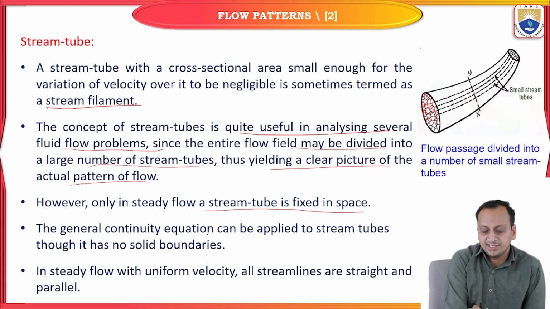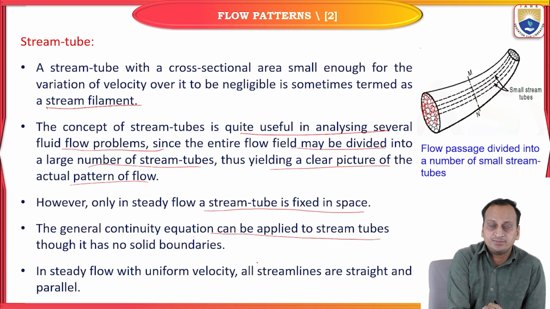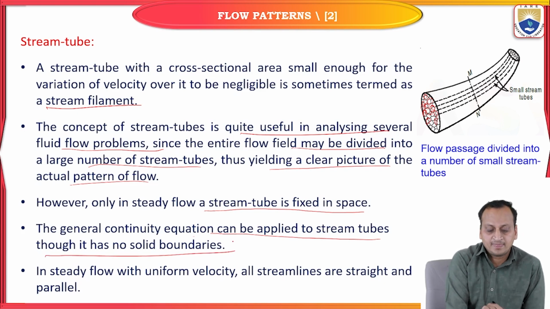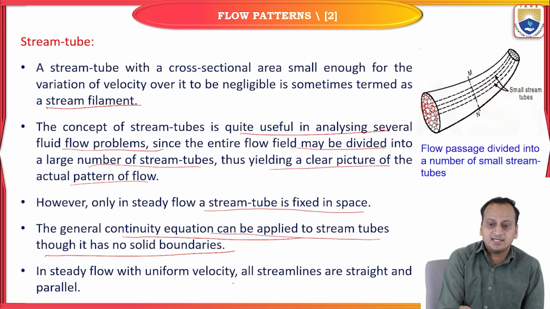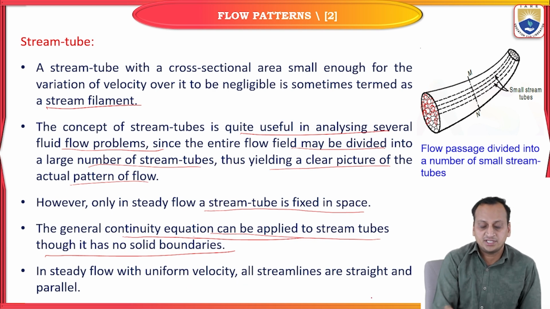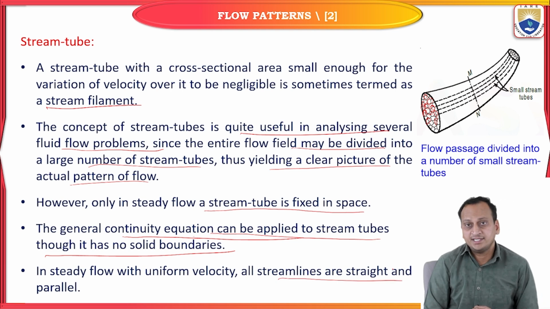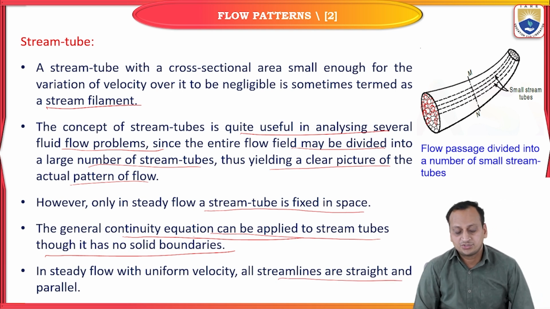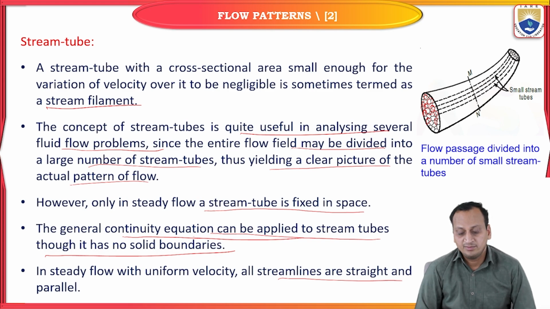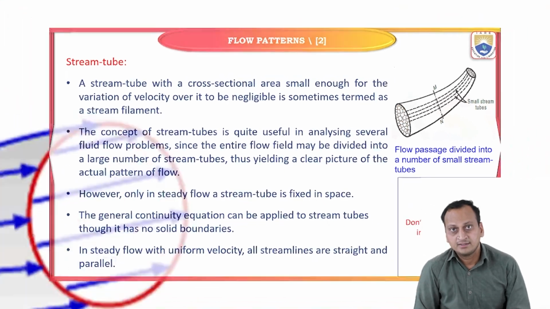The general continuity equation can be applied to stream tubes, though they have no solid boundaries. The continuity equation can be applied over a stream tube. In steady flow with a uniform velocity, all streamlines are straight and parallel. For a steady flow, as the streamlines are straight, they will be identical also.